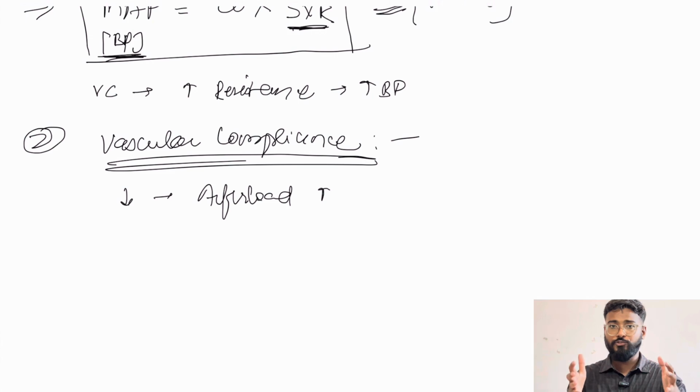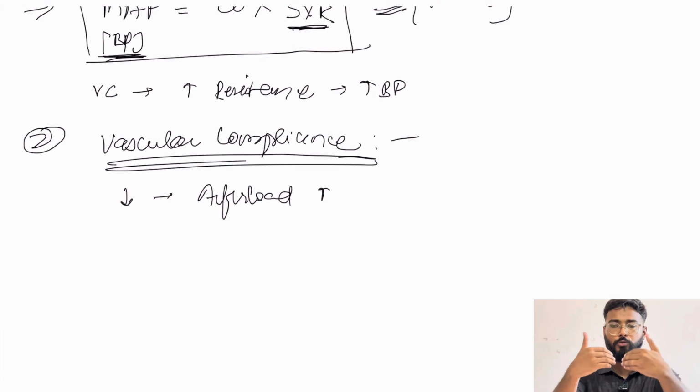The aorta stretches in order to accommodate that extra amount of blood. But the aorta is elastic. Whenever it stretches, it comes back to its original position. So the moment blood is in the aorta, it stretches and then compresses again. Whenever it compresses, the blood that was present in that column gets pushed forward.